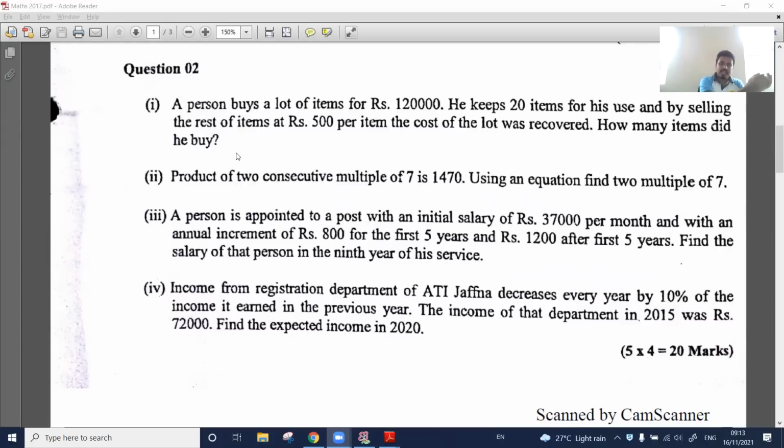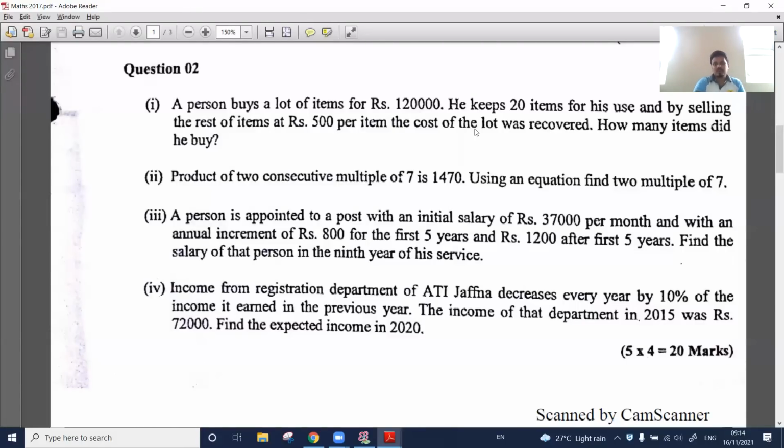Out of all the items he bought, he keeps 20 for his personal use. Out of the water bottles, he keeps 20 for his personal consumption. He sells the rest at 500 each, and by selling them at 500 each he covers his cost. The cost of the lot was recovered. That means he earns 1,20,000 by selling the remaining items at 500 each, and recovers his cost.